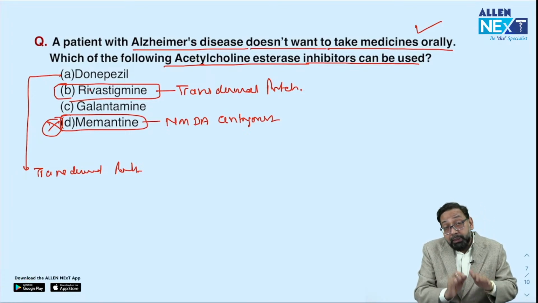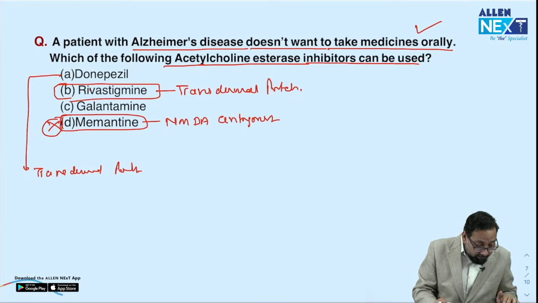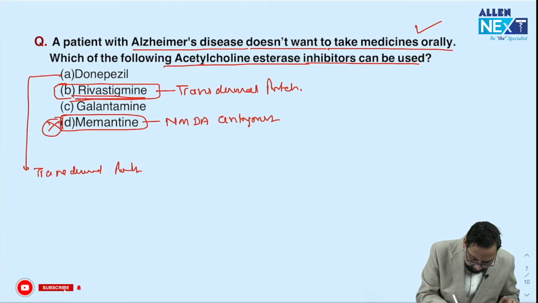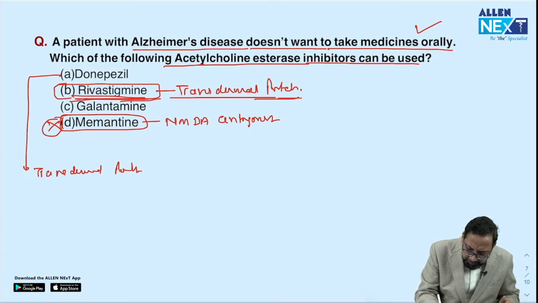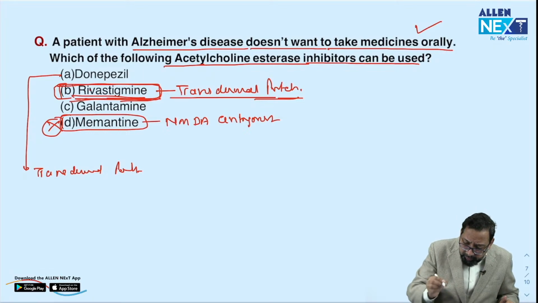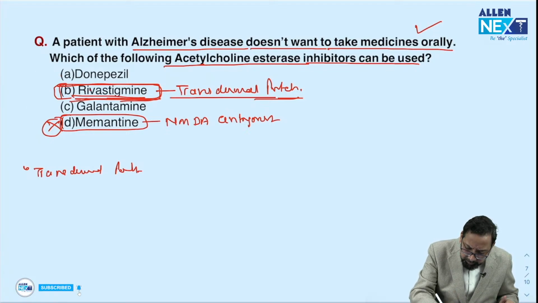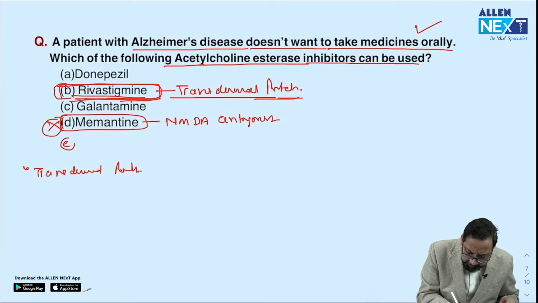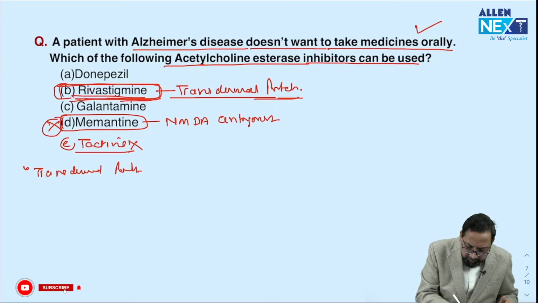But if they ask only one, I would prefer to go with rivastigmine, because efficacy and tolerability are better with rivastigmine. If the same question is repeated, a few students told that an option was tacrine. Not tacrine. So the answer is B.